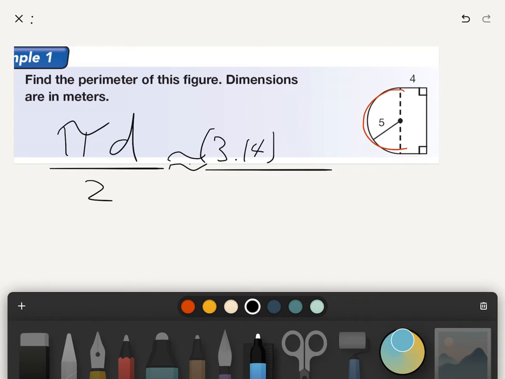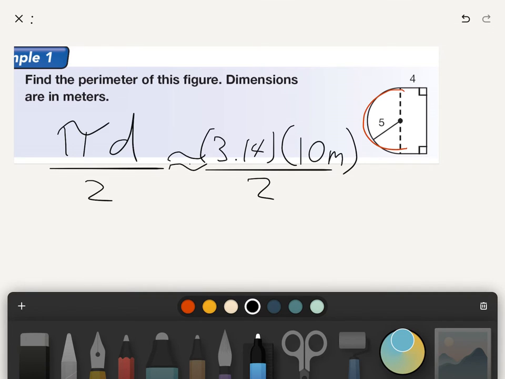Okay, then times, and so if we know the radius, then we know the diameter. Right. And then that's all divided by 2.